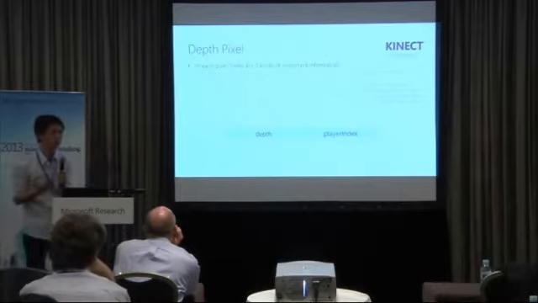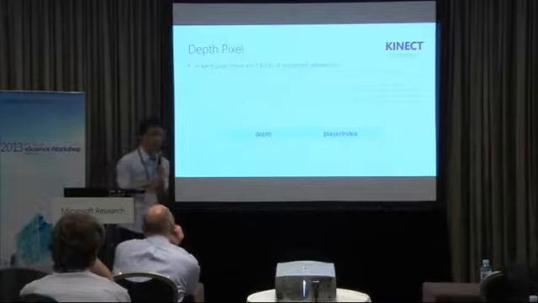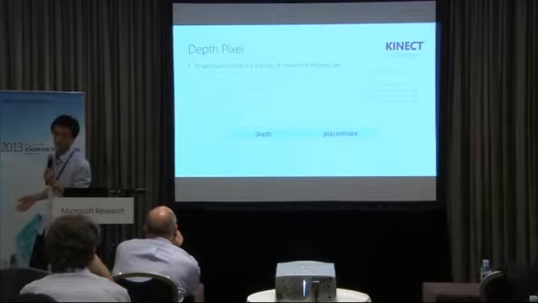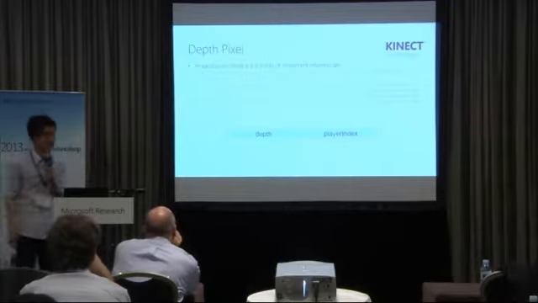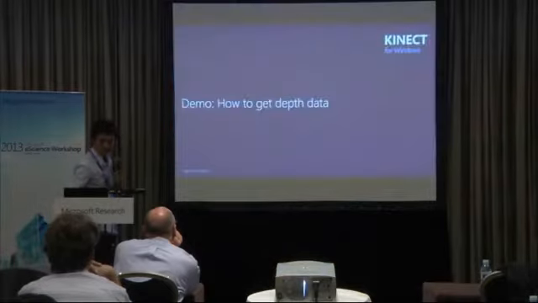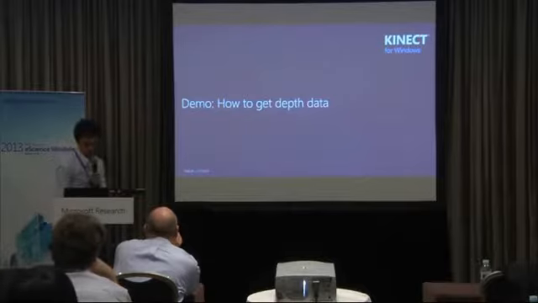The Kinect for Windows SDK can track 6 players at most, so the player index will be from 1 to 6. And the player index 0 means that this pixel doesn't belong to any player. Now let's see how to get depth data by code.